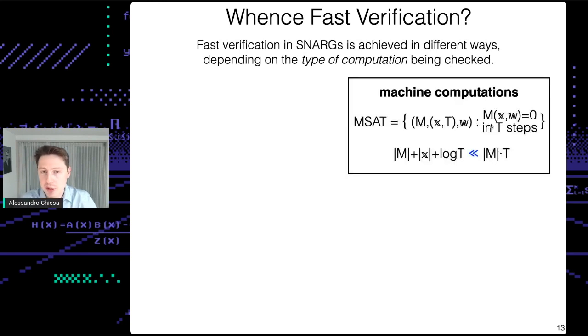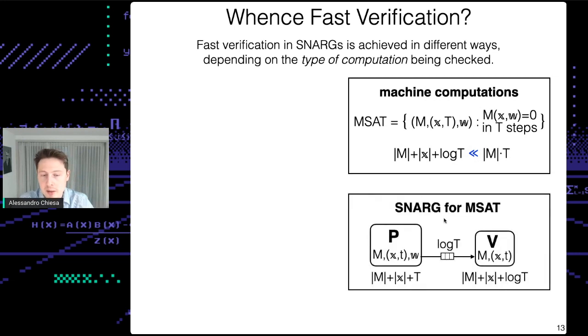So for example, if you're trying to check some machine computation where you have some kind of small description of an algorithm that is computing for a long time, this is usually done by having a SNARK where the verifier doesn't actually unroll the computation in its head, but somehow talks about the description of the computation directly. You can think about it as arithmetizing the computation directly without unrolling it into a circuit. Thanks to that, it doesn't have to pay for the size of computation T.